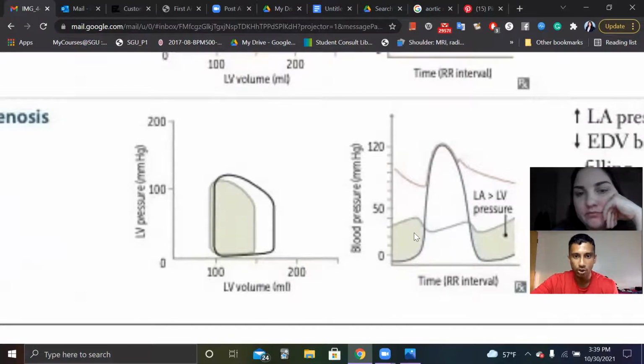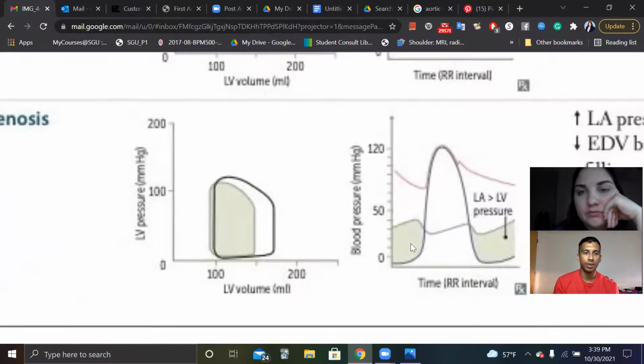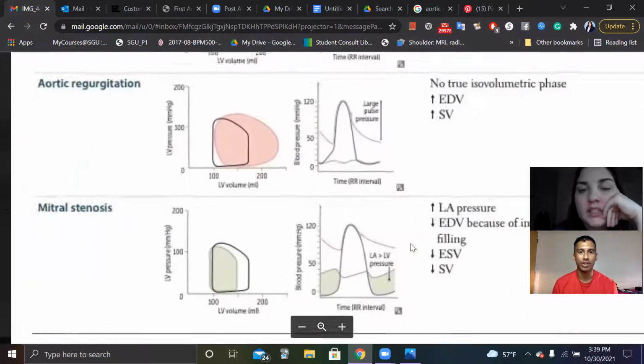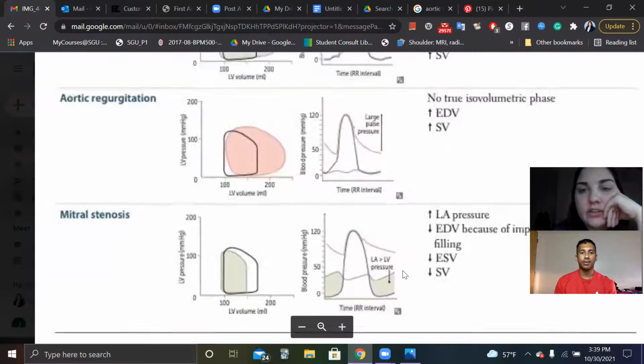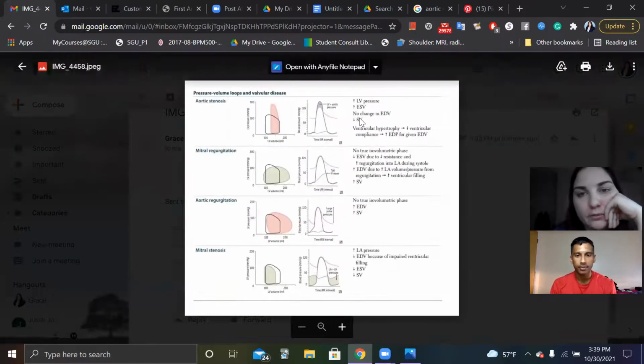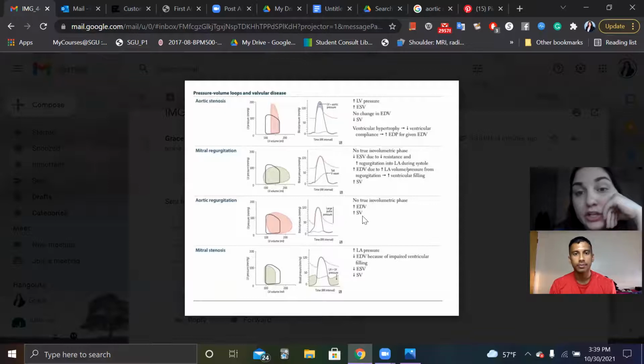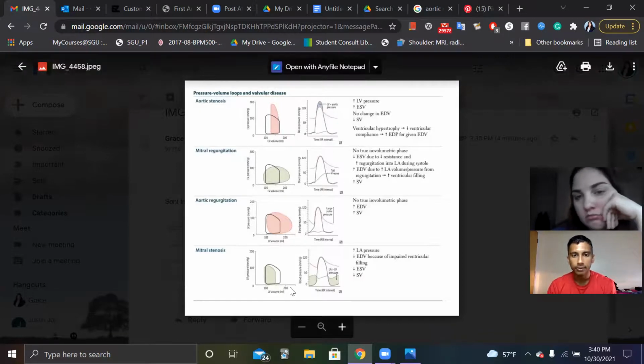Which is atrial pressure? Yeah, because it can't get from the atria to the ventricles. Exactly. And then you'll notice they have things like the stroke volume listed for each one of these, which you already know. They'll also have the end diastolic volume, which you already know because it's just preload. And we said that the wide ones were the regurges, and they'll have increased end diastolic volume, and the stenosis as well.